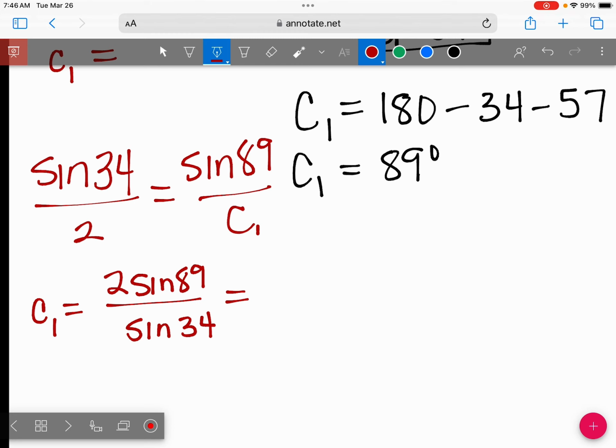And if you type that in, you should get about 3.2. Who got about 3.2? I got 3.178.